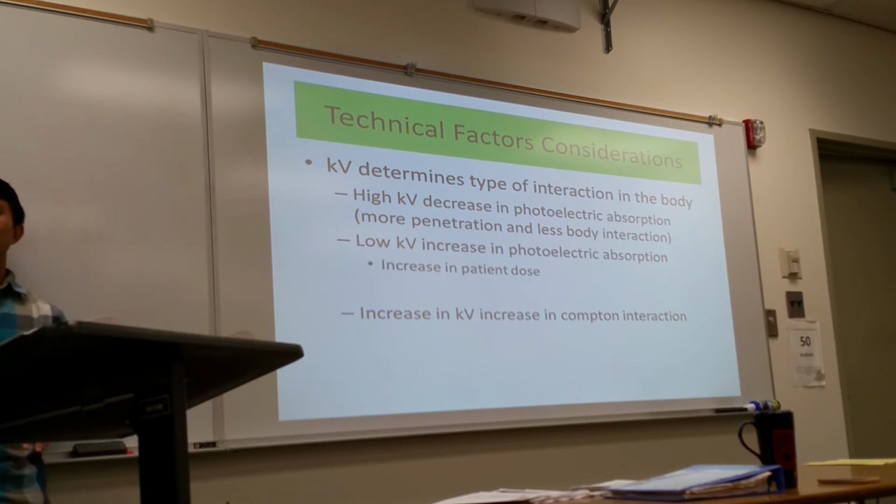Low kV increases photoelectric absorption, so more of the beam will be absorbed by the patient, increasing patient dose. And sometimes we have no control what kV we have to set because it's based on the anatomy that we have to shoot.